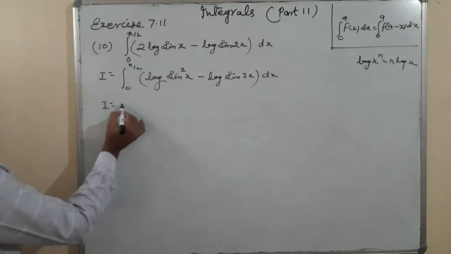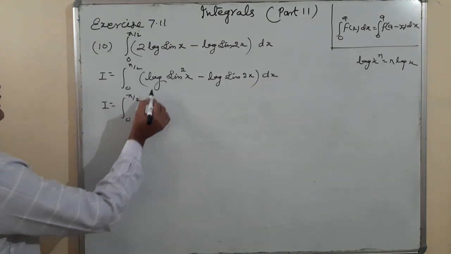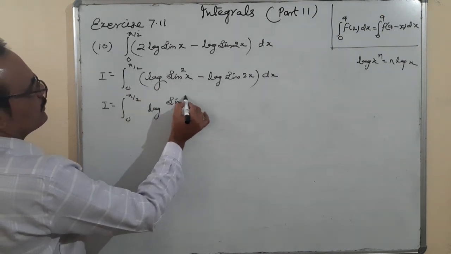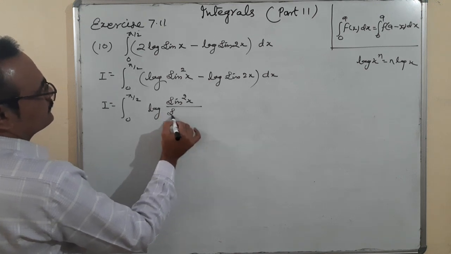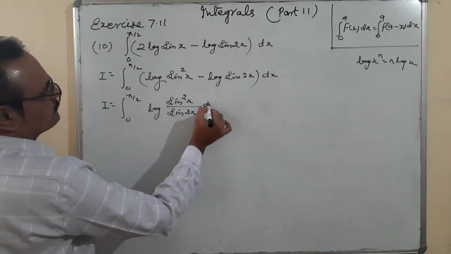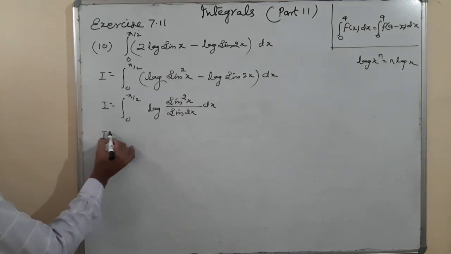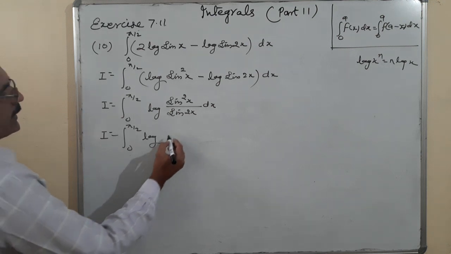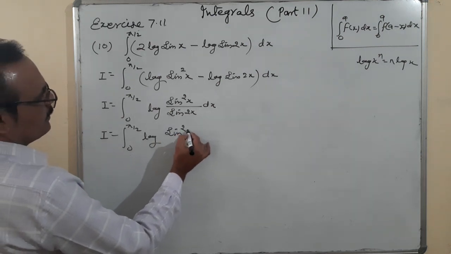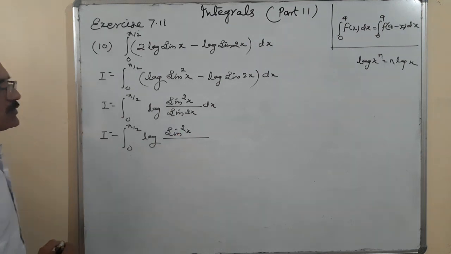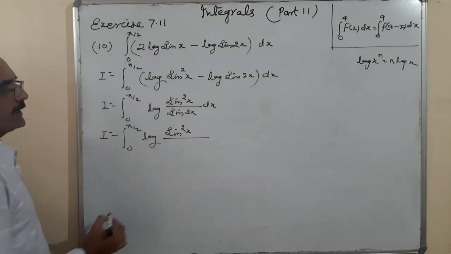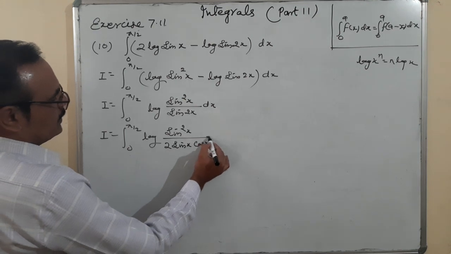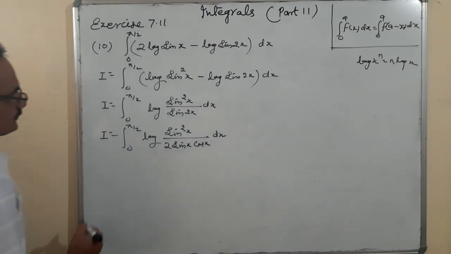I is equal to integral 0 to pi by 2 log m minus log n, log m upon n. Clear? Integral 0 to pi by 2 log sin square x upon, here may I write sin 2x, 2 sin x cos x, dx.